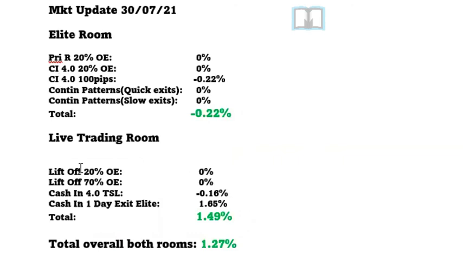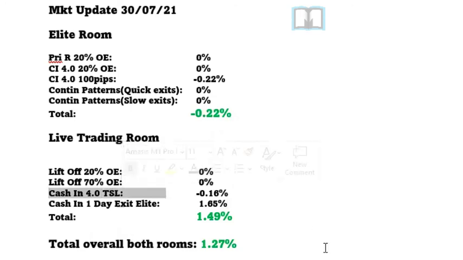We had 5 trades that we took on one day exit elite, which closed either in profit or at our target this week, and that banked us 1.65%, giving a total for the live trading room at 1.49%, and a total for both rooms overall of 1.2% for the week.